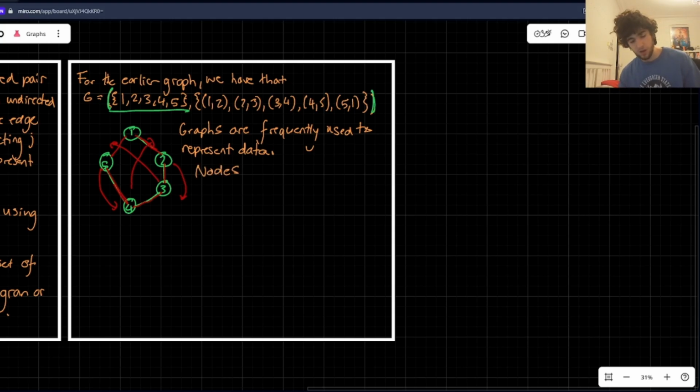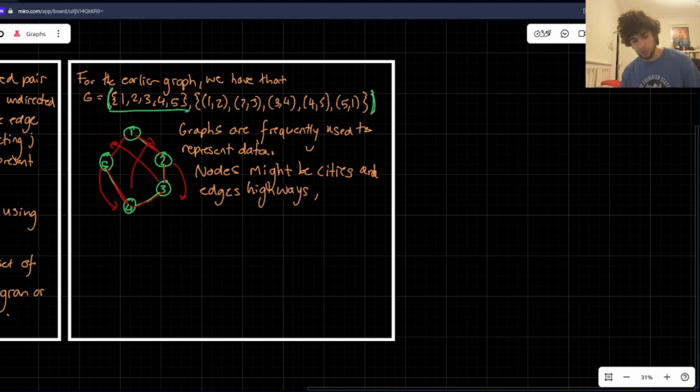So, as I was saying, if we were to use graphs to represent data, then what you might see is that nodes might represent cities, right? So nodes might be cities, and edges highways between those cities, right?